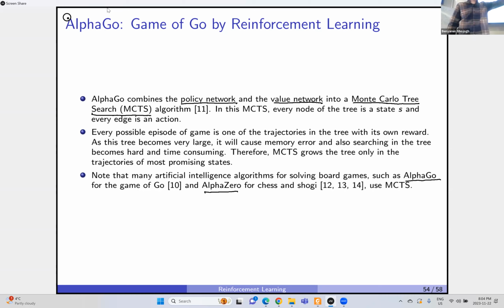AlphaZero is the other one, for chess and shogi. What is shogi? Do you know that? Japanese chess, exactly. It's a type of chess developed in Japan. Okay, so AlphaZero has been proposed for that. They use MCTS, all of them.